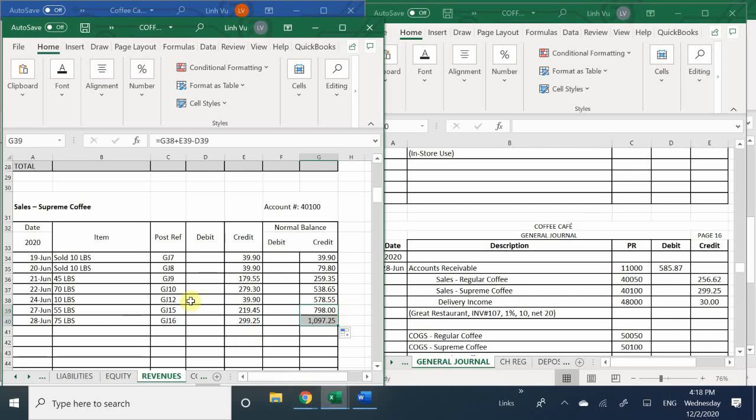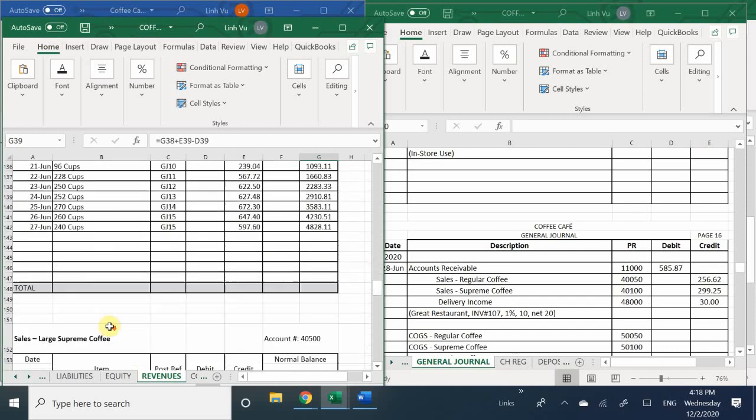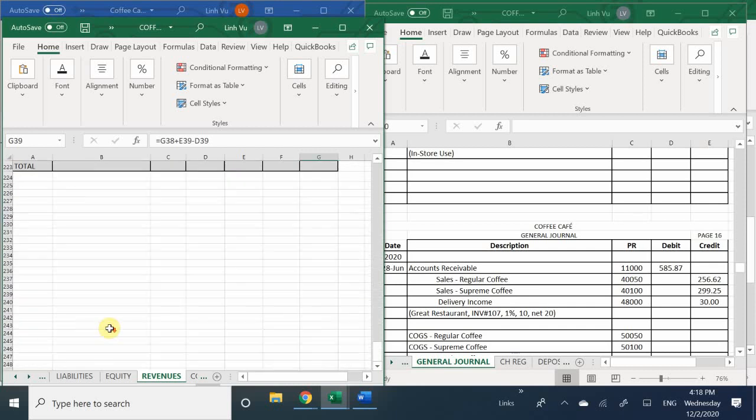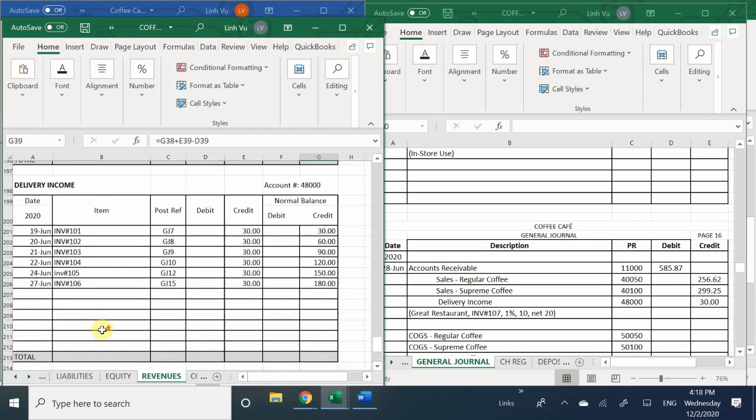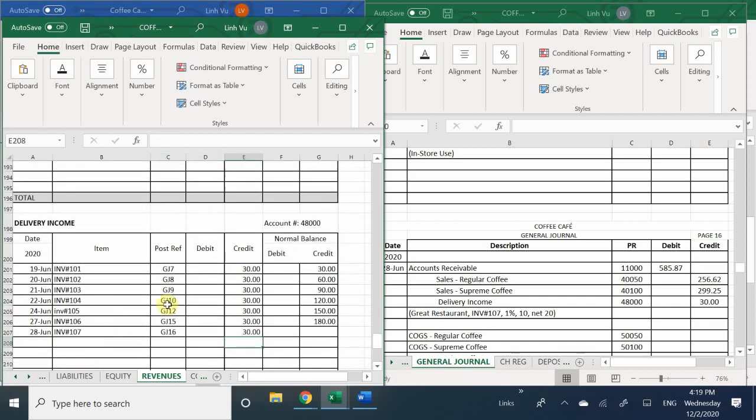Good. All right, and now we're going to delivery income. The 28th. Invoice number 107. General Journal 16. $30. Bringing that total to $210. Good.